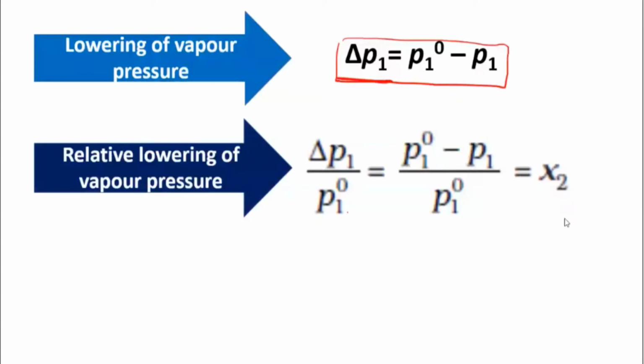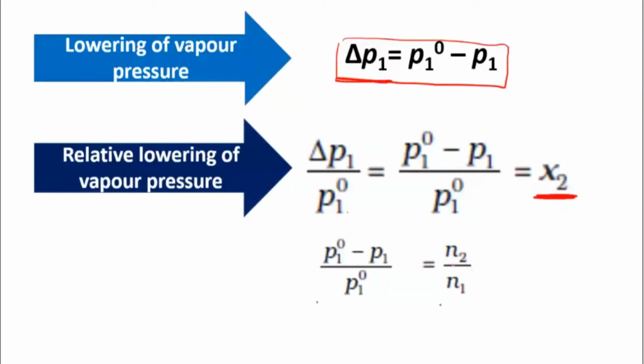And this you can write in terms of number of moles, and even in terms of molar mass. If you are writing in terms of number of moles, then it is N2 divided by N1, because we have ignored the plus N2 in the denominator. So you will be left only with N2 by N1.